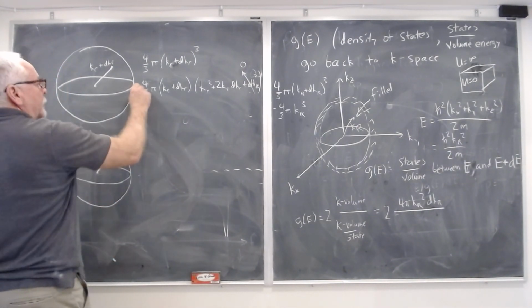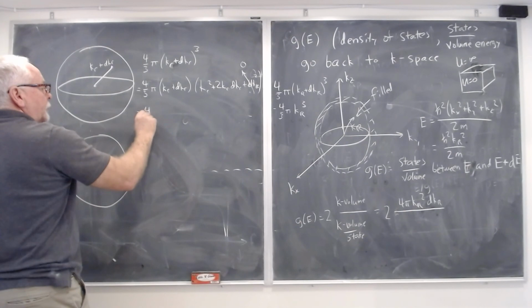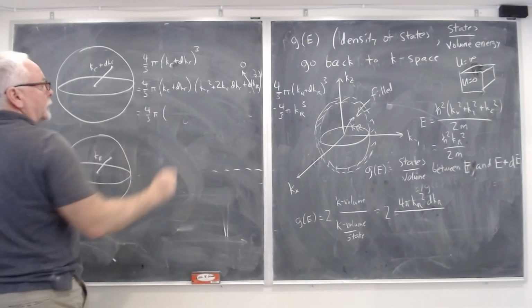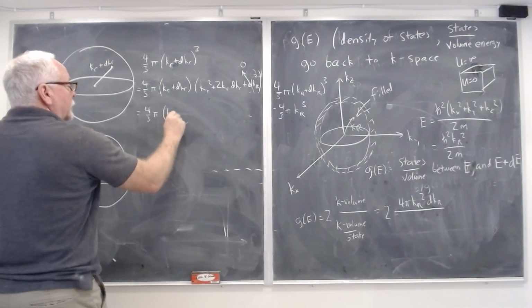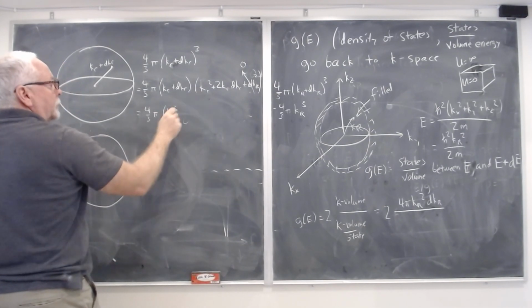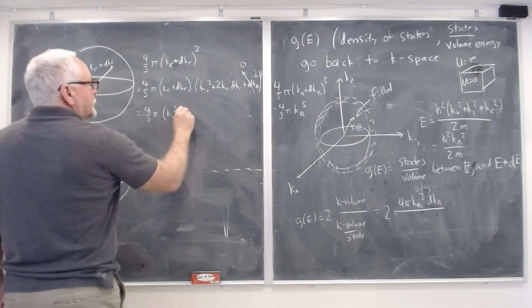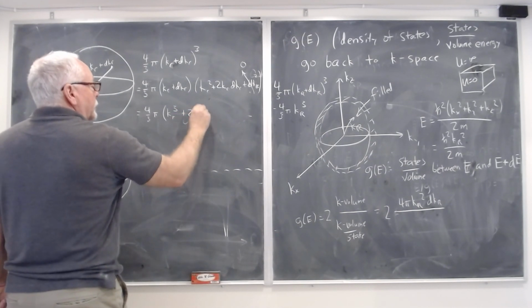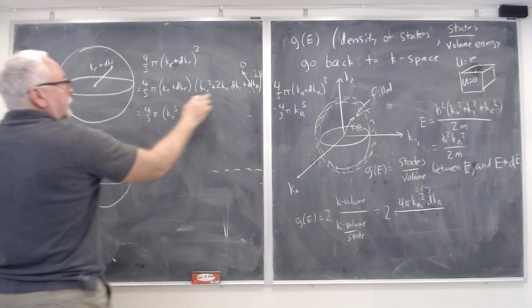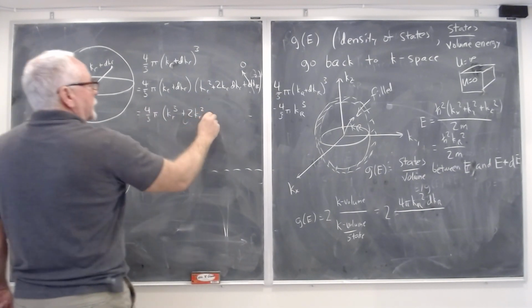So then that's 4/3 pi times, now multiplying these out, you get k_r to the third, plus 2 k_r squared dk_r, that one times that one.